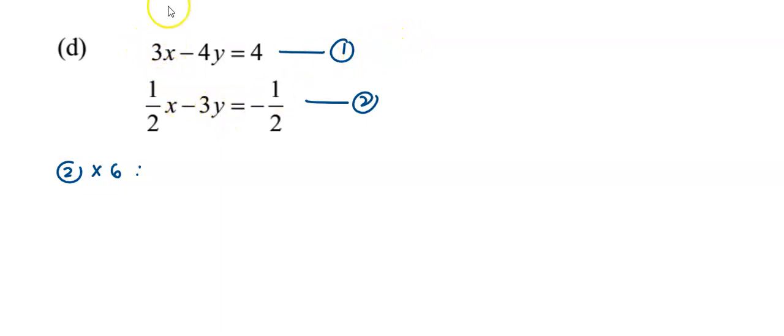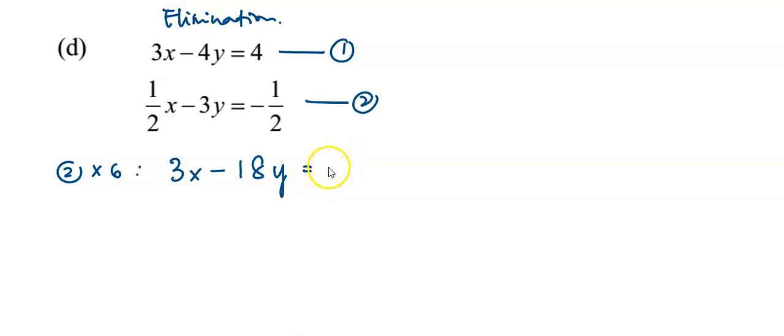Taking equation 2 multiplied by 6, I get 3x for the x term, minus 6 times 3, you have negative 18y, and 6 times negative 1 over 2, you have negative 3. I name this as my equation 3.